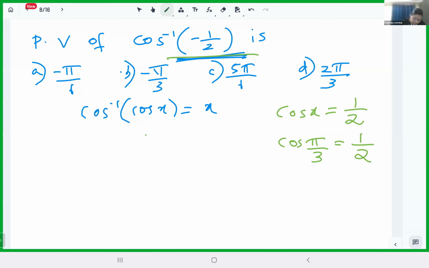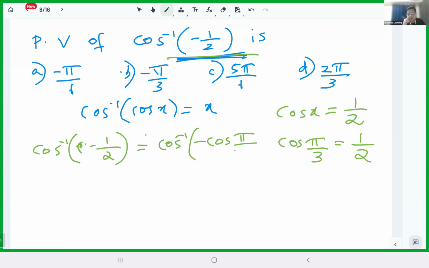So cos inverse of minus 1 by 2 can be written as cos inverse of minus cos pi by 3. 1 by 2 can be written as cos pi by 3. The minus is already there in the question, so it will become minus cos pi by 3. Since minus is in that question, we cannot directly apply this property, because it must be positive cos x in the bracket.